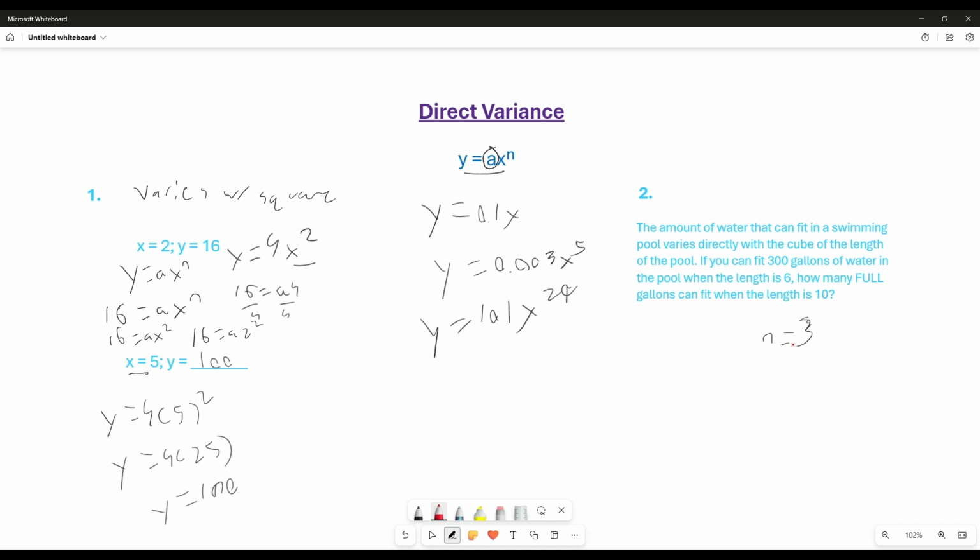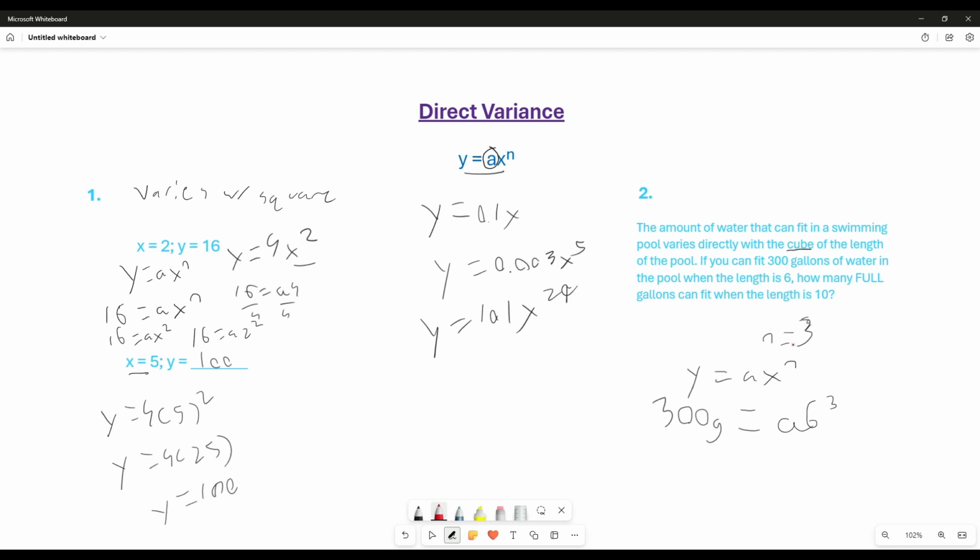So you can fit 300 gallons of water in the pool. Well, we'll put a label. When the length is 6, so when x equals 6, so x equals 6 to the third, and then our a is there. All I did was take the equation y equals ax to the n. We figured out n because it varies directly with the cube here.